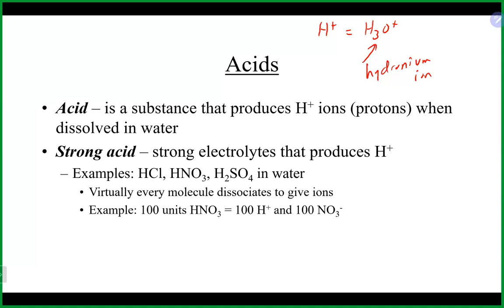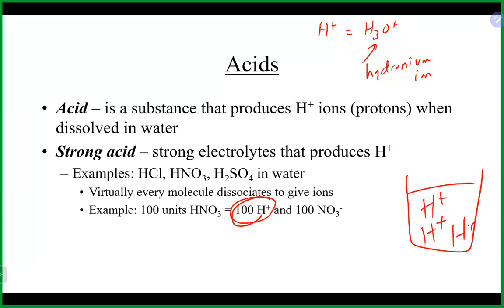As we talked about, that list of 6 strong acids, HCl, nitric, sulfuric, perchloric, hydrobromic, and hydroiodic acid, when they go into water, they are going to completely break apart. Because of that, with our nitric acid in solution, you have pretty much all H+ and NO3-. So a solution of nitric acid has a ton of free H+ floating around.